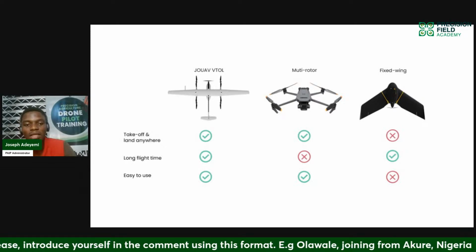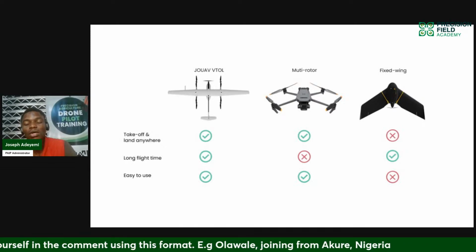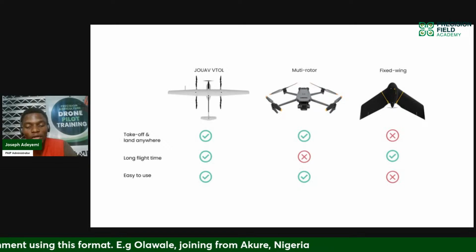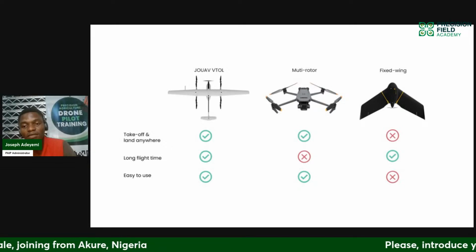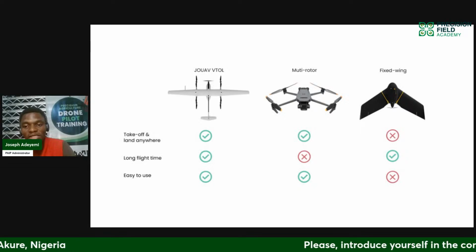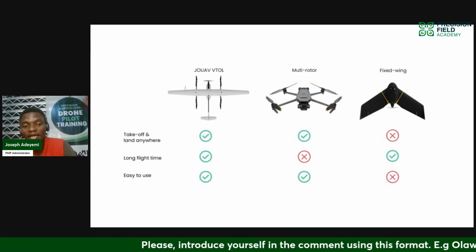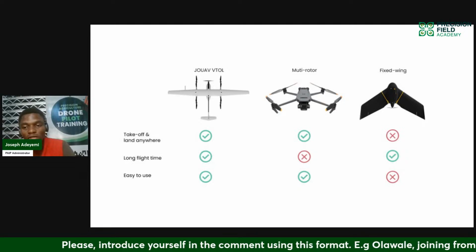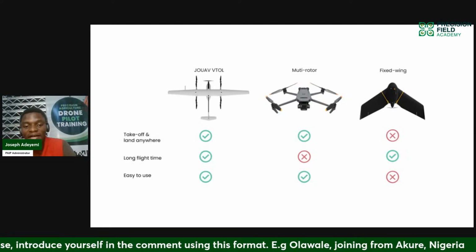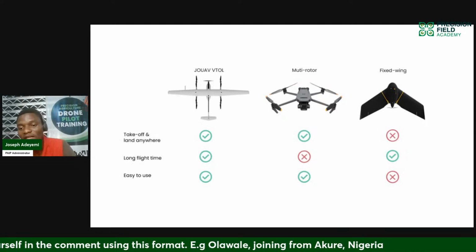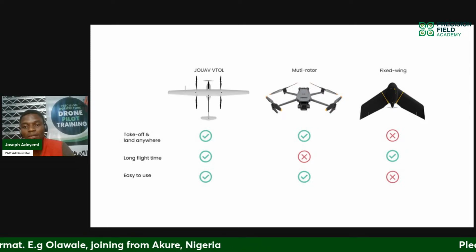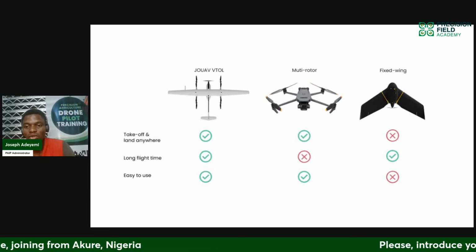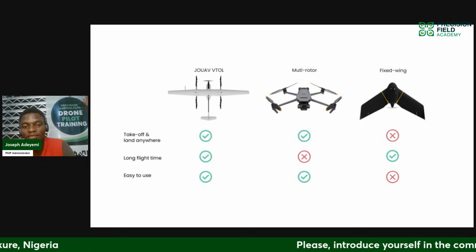Multi-rotor drones use vertical takeoff and landing, and use two or more propulsion systems. So we have something ranging from a bicopter, which is two motors or dual copter, to a tricopter, which is three rotors, a quadcopter, four rotors, a hexacopter, six rotors, and the like. So it uses multiple propulsion systems for power.